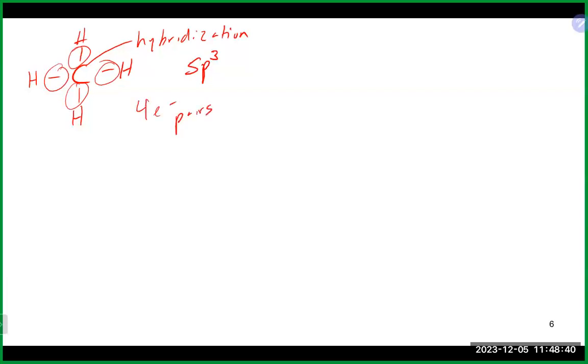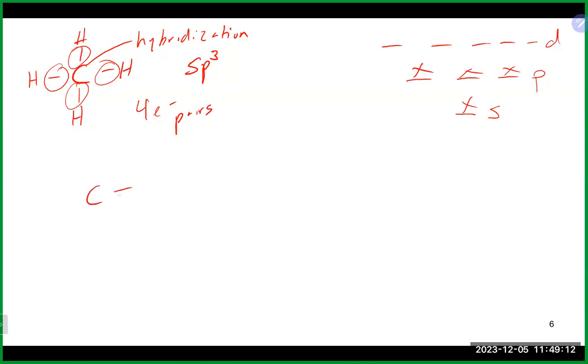If you're not good at assigning hybridization, here's the simple way to do it. There's an S, P's have 3, and D's have 5. So you count up electron pairs like you're doing Lewis structures, which means if you have a double bond or a triple bond, it counts as 1 electron pair. So that's 4 electron pairs, 1, 2, 3, and 4. That's an sp3 hybridization.